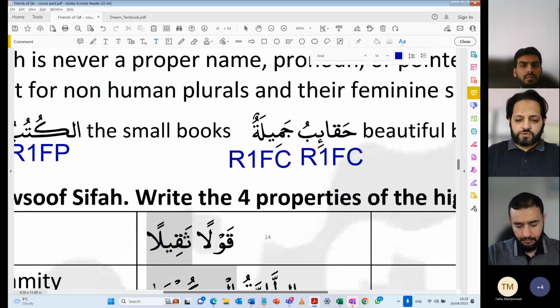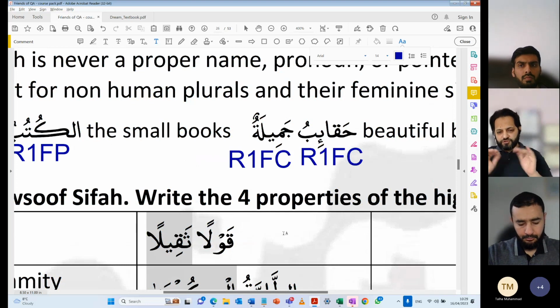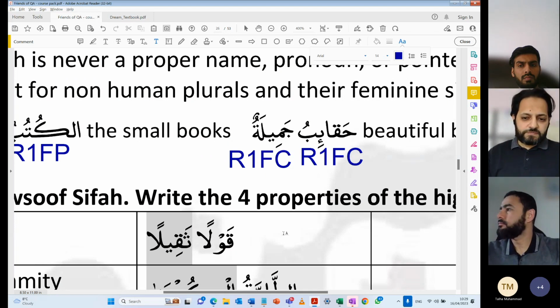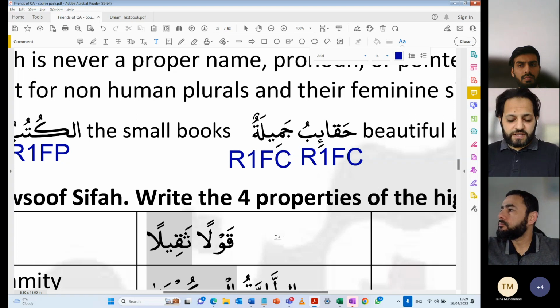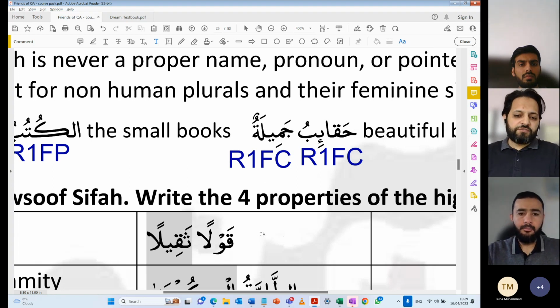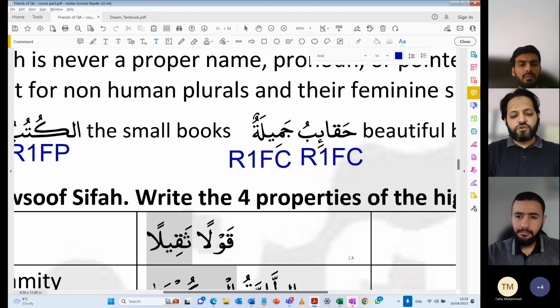Qawlan saqilan, for example. You look at it, and you see visually as well, many times they look quite similar. They look quite similar, but not always, of course. Don't take this as a rule, but they might look different. For example, haqaibu jamila don't look completely different. Qawlan saqilan. If you look at Qawlan, you're saying it's nasab, it's singular, it's masculine, and it's common, correct? Yes.